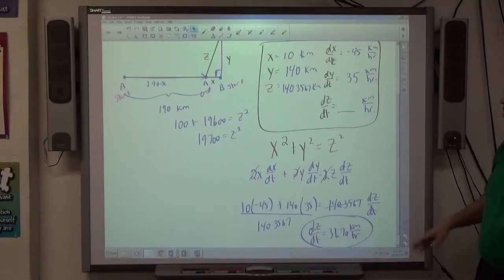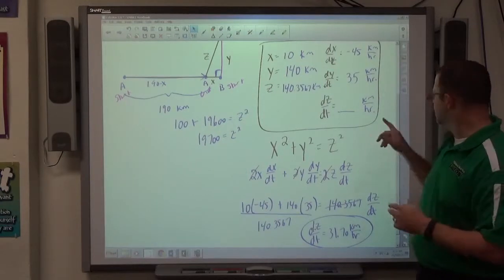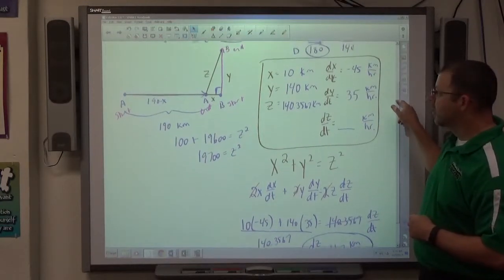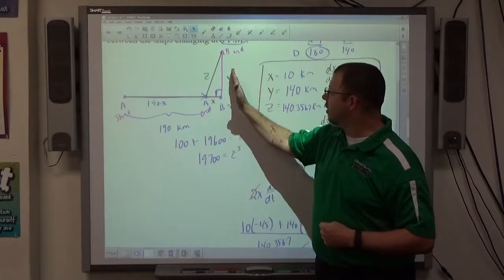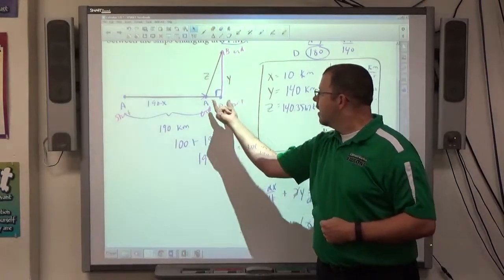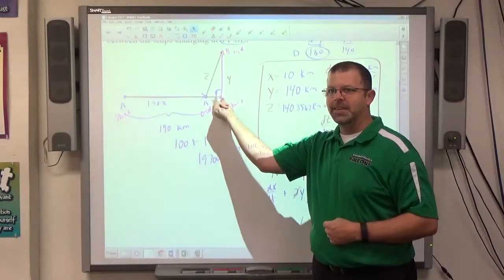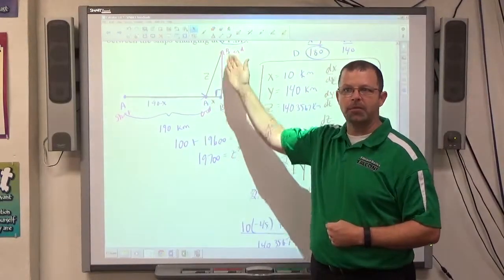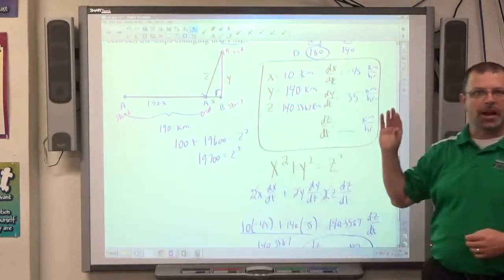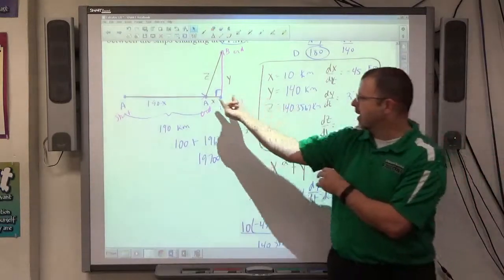Okay, so imagining this and thinking about the validity of this answer, y is going straight up at 35 kilometers per hour, right? The fact that x is moving closer to it as he moves out is deducting some mileage per hour from that, but not a lot, because it doesn't influence much.